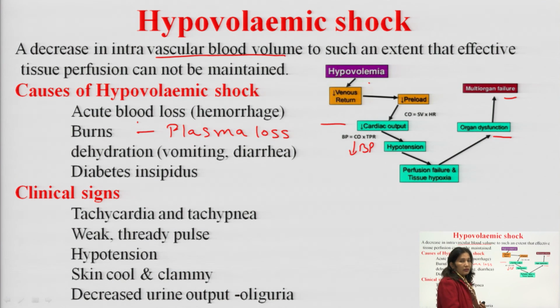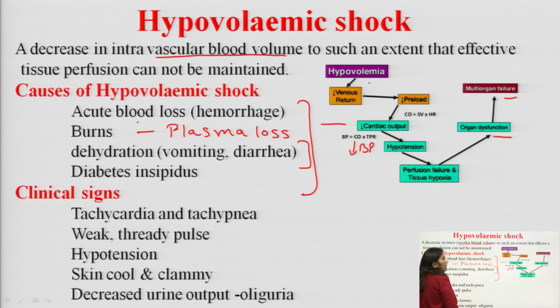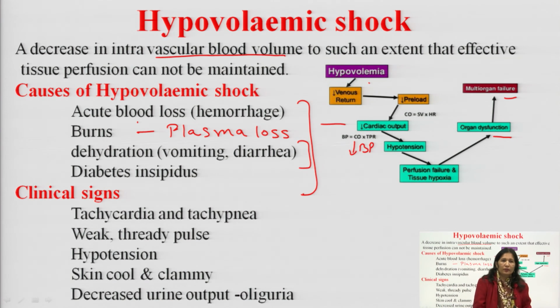Because of burns, there is loss of plasma. Dehydration, that is severe vomiting and severe diarrhea, may result in the loss of extracellular fluid, and diabetes insipidus. Because of these causes, there is a decrease in intravascular blood volume.